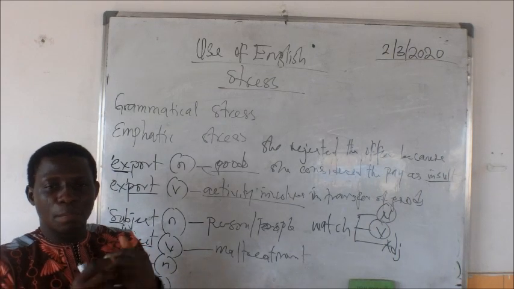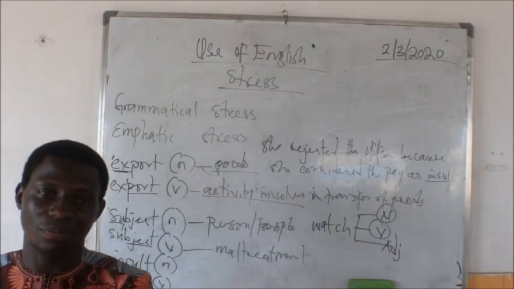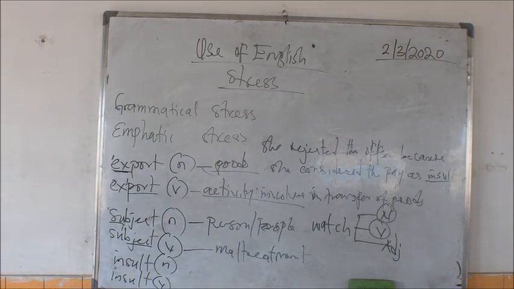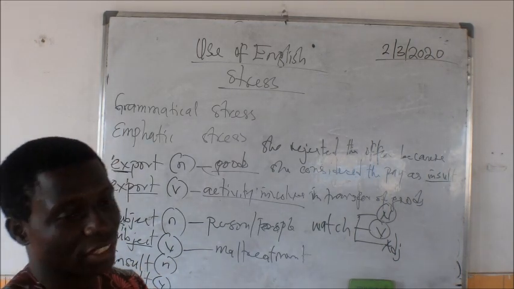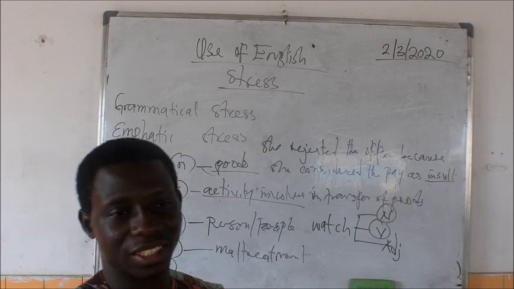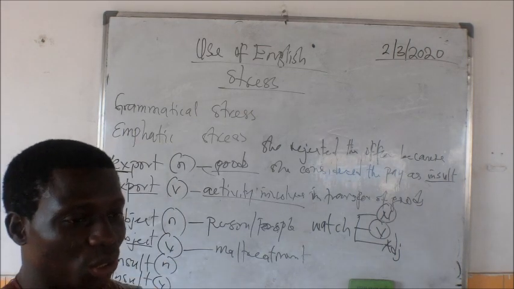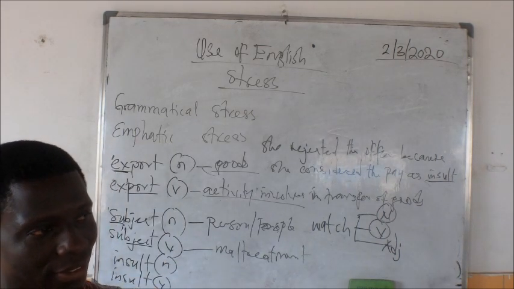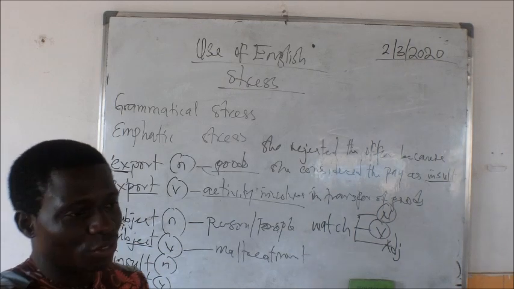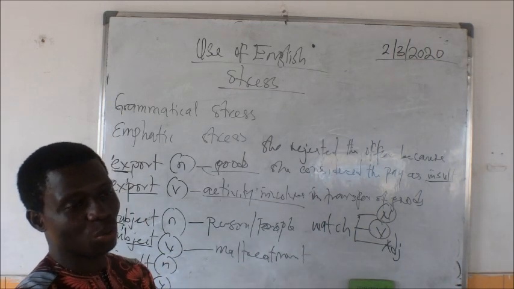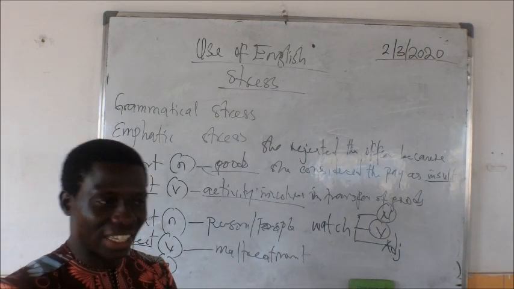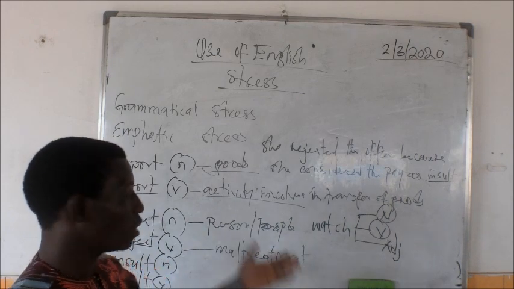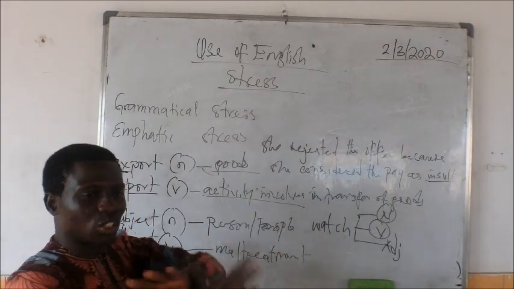So, a particular English word can function as a verb, can also function as a noun, can also function as adjective. That's why contextual usage matters. So the context of the usage tells you the meaning of the word, tells you the grammatical class of the word. That's what emphatic stress tries to achieve.